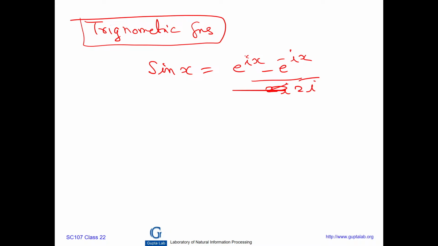And this you can verify using Euler's theorem, right? This is a well known fact. Taking this same definition, I can define sin of z. And similarly we know cos x is what? e raised to power ix plus e raised to power minus ix divided by 2. So we can define it the same way.